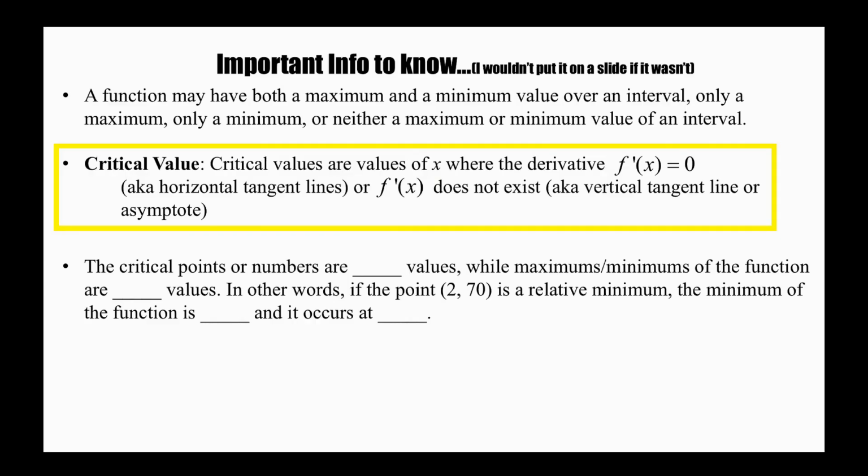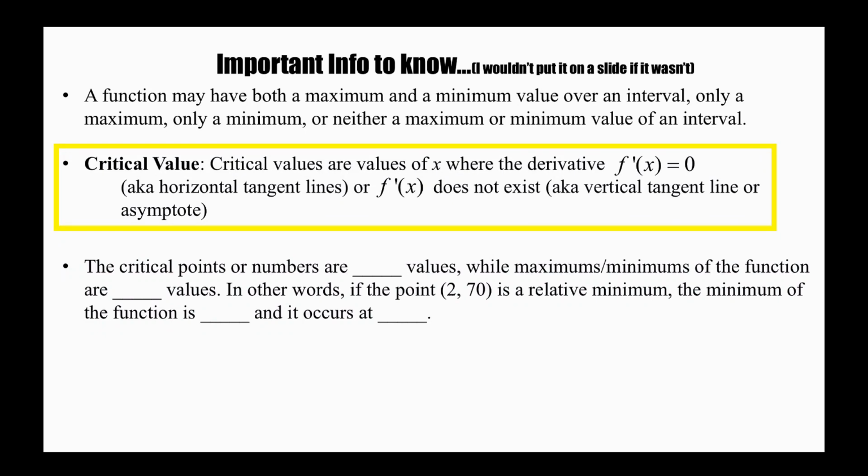Yeah, that guy right there, right? That doesn't have a maximum or minimum because every point is a maximum or minimum. So if every point's a maximum or minimum, it doesn't have one. Okay, so that's what that says, over an interval.